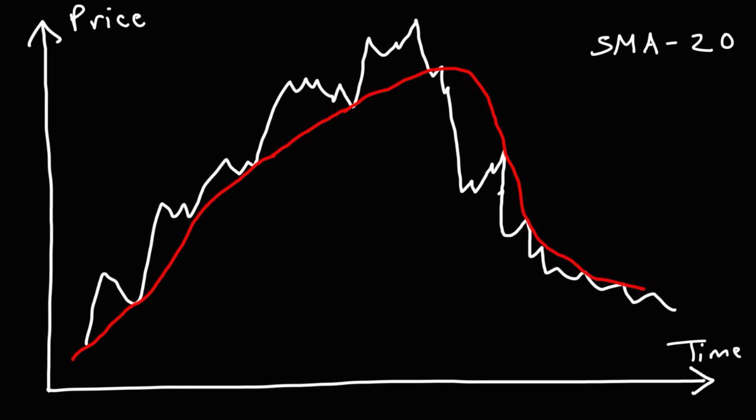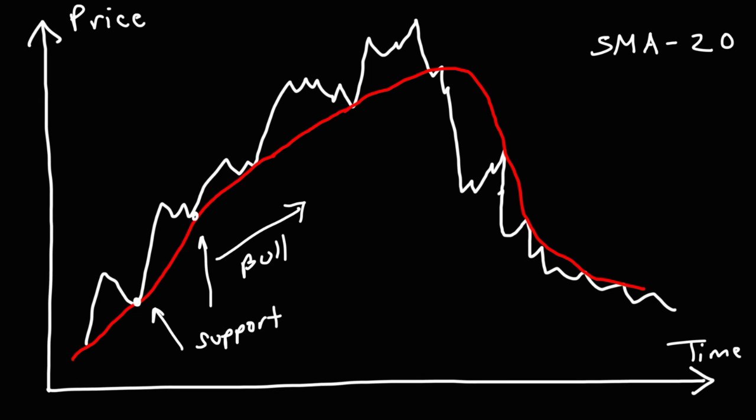Now you could use the simple moving average to get a good idea where potential areas of support and resistance might be located. So notice that when the stock is moving in an uptrend, that is when it's in a bull market, the simple moving average shows you potential areas of support.